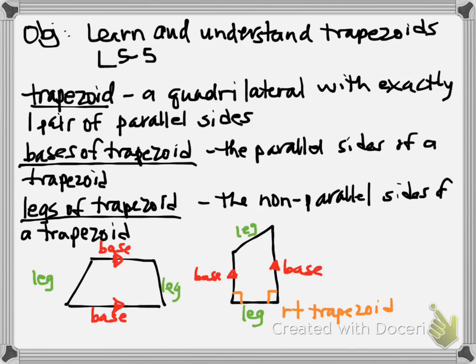So we could deal with the angles, which would end up being supplementary both here and here, because here's your parallel lines, here's your transversals, these are same side interior angles. So here, these two would be supplementary, these two would be supplementary.